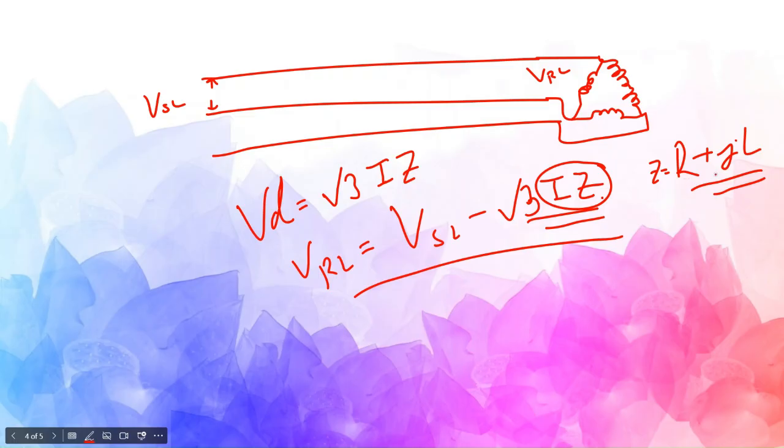But let's consider L is 0 for now. So Z equal to R. So what is it? It is I into R. It means again it is Ohm's law. So that is why Ohm's law is very important to understand. In design engineering, you will see a lot of different applications of Ohm's law in different hidden formats. That's all. Thank you.